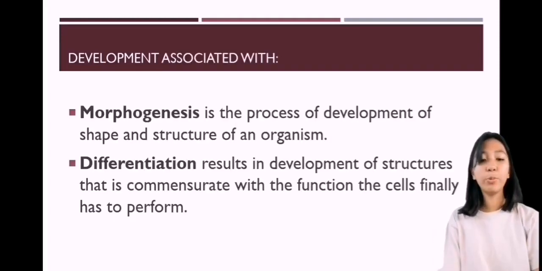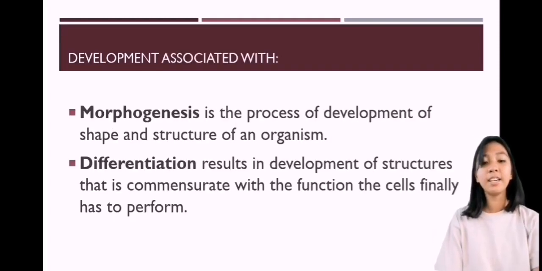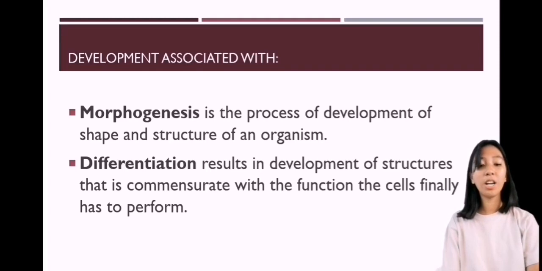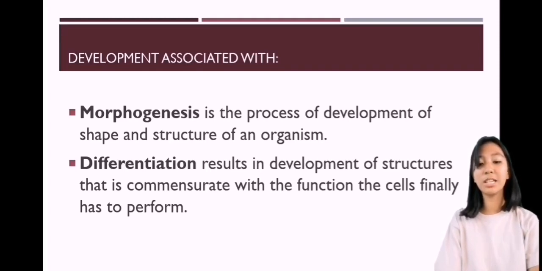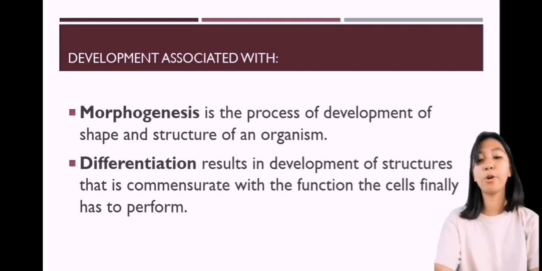Development is associated with morphogenesis, the process of development of shape and structure of an organism. One is differentiation, which results in development of structures commensurate with the function the cell finally has to perform.